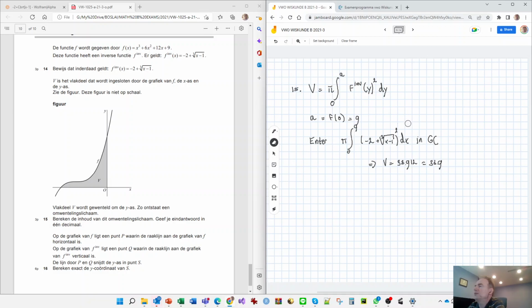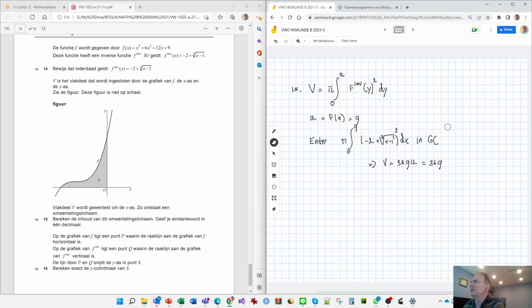And this is a little bit tricky to do analytically, but just don't worry about it, just directly put it into your graphic calculator. And you find 33.9.